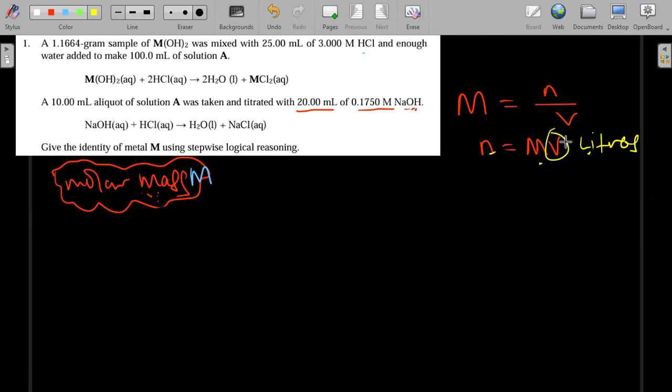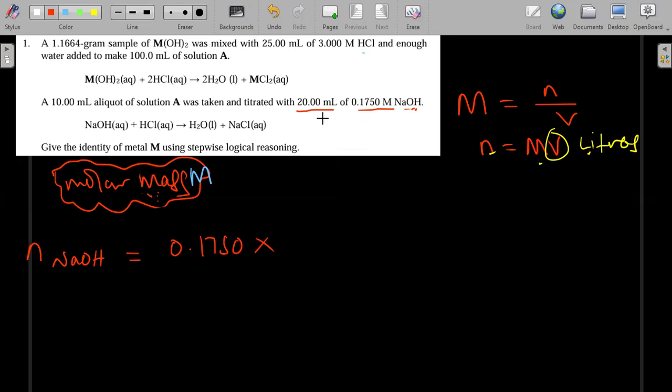So we can use this formula to find the moles of sodium hydroxide. Moles of sodium hydroxide are going to be equal to the molarity, 0.1750, multiplied by the volume.